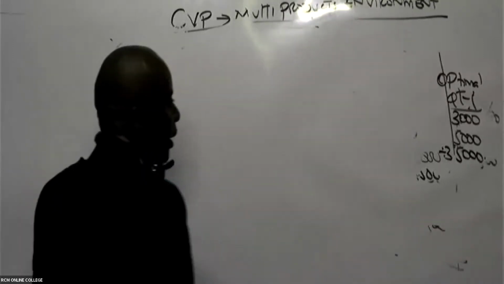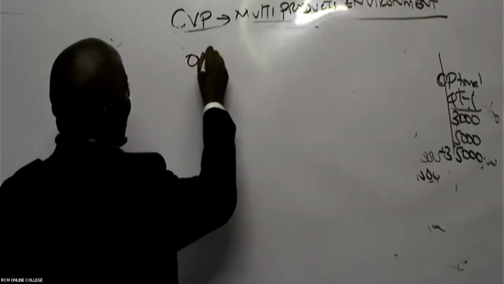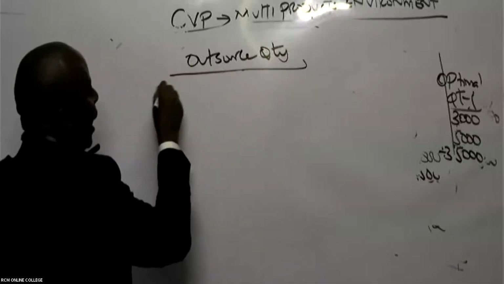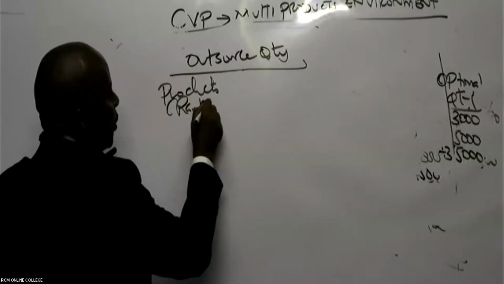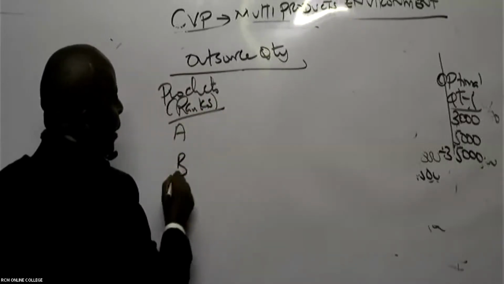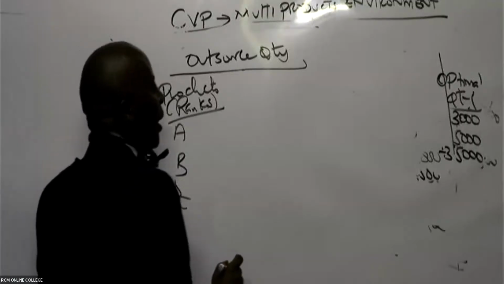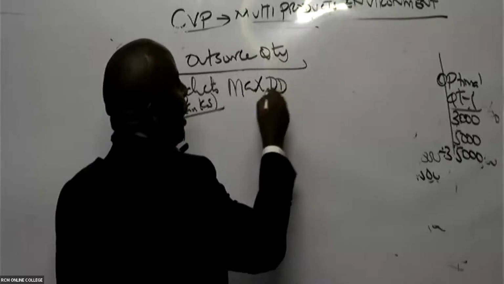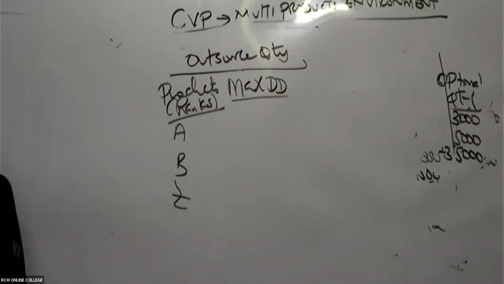They want me to give them the outsourced quantity. So we have our products as per the ranks: A, B, Z. Now, after A, B, Z, you guys have been able to remind me the maximum demand. Please remind me the maximum demand.